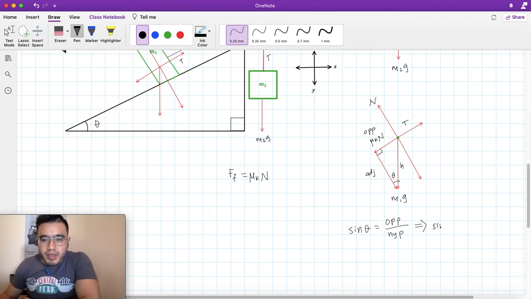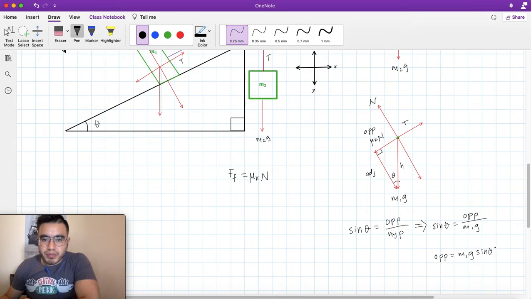Let's substitute. The sine of theta will be the opposite, which we don't know, divided by the hypotenuse, which is the weight of mass 1. We're trying to solve for the opposite side, so by doing some algebra, the opposite side is equal to m1g sine theta.